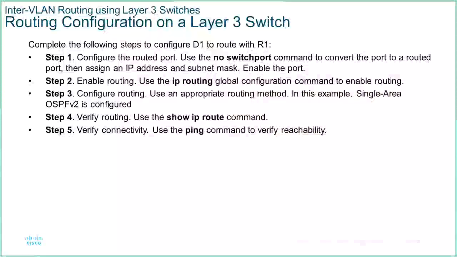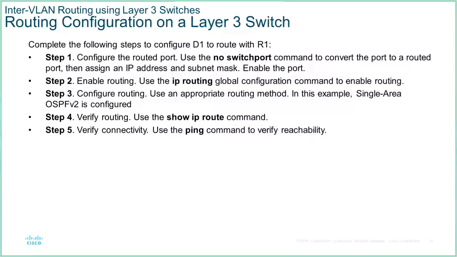So just to round off the configuration for the layer 3 switch, we use the no switchport command to convert our interface. We turn on global IP routing. Make sure you've configured the interface with an IP address and subnet mask and no shutdown.